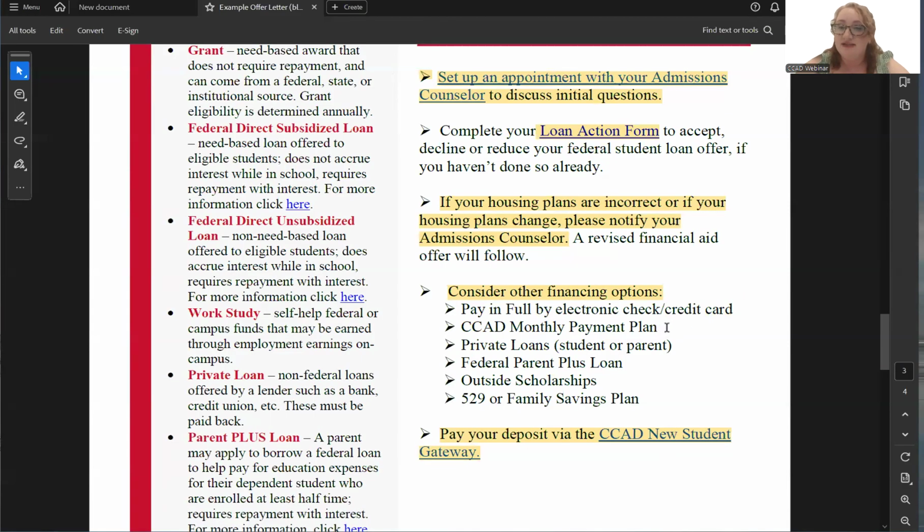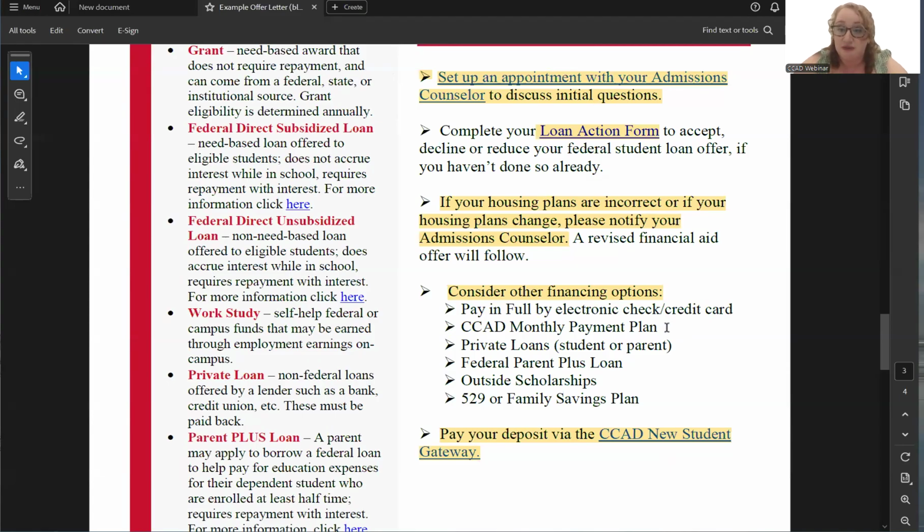The first thing I like to suggest to people, if this is something they would be interested in, is they can sign up for the CCAD monthly payment plan. By signing up for the monthly payment plan, you will pay a certain percentage of that leftover balance at the beginning of each month. So for example, if you have $20,000 left over, right?